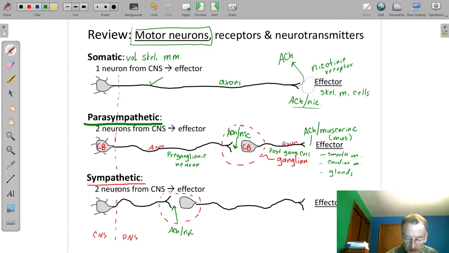And keep in mind, the nicotinic receptor is on the postganglionic cell. So the neurotransmitter is going in that direction. Okay, so the first neuron is always the same. The postganglionic on the effector, again, we're talking about smooth muscle, cardiac muscle, and glands.